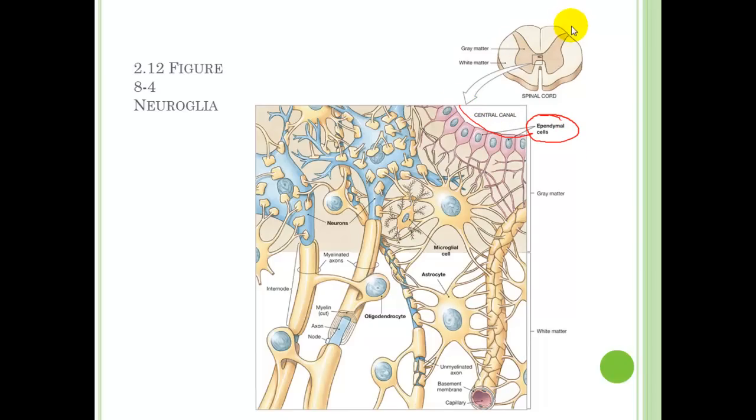This is a cross-section of the spinal cord. We have gray matter, which would essentially be our somal bodies. And then we have white matter, which would be the axons, and either they are myelinated or unmyelinated. If they are unmyelinated, that would be this side over here.